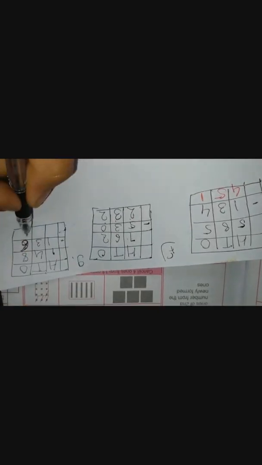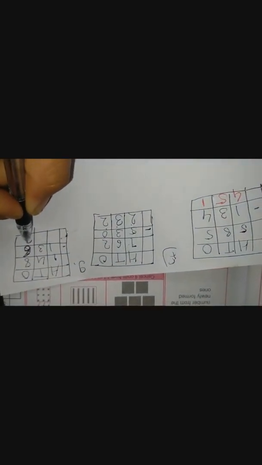The remaining number is 2, so we write 2. 4 minus 3: 4 on your finger, cut 3. The remaining number is 1. 1 minus 1 is 0. Now students, I'll give you 1 minute, you have to complete your work.